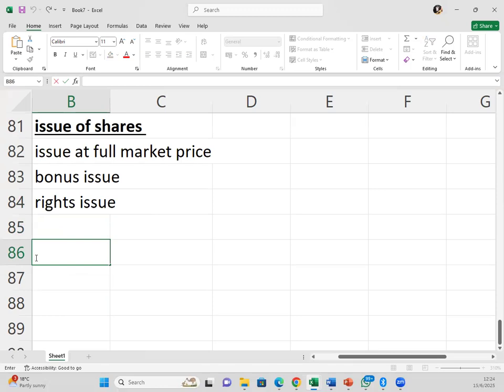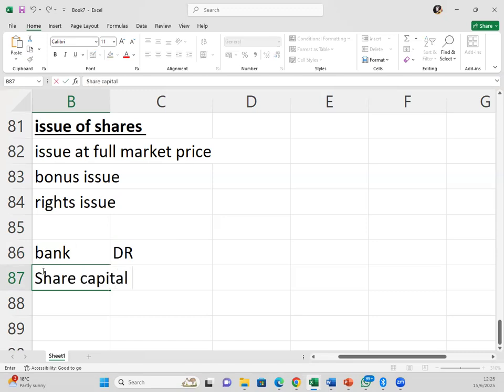If it's an issue at full market price, you debit the bank and you credit the shares. Because when we issue shares, the number of shares that we have is going to increase, so the share capital is going to be credited.